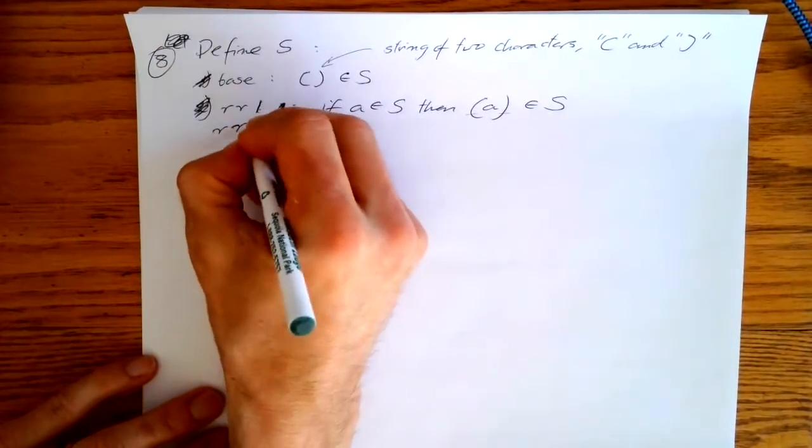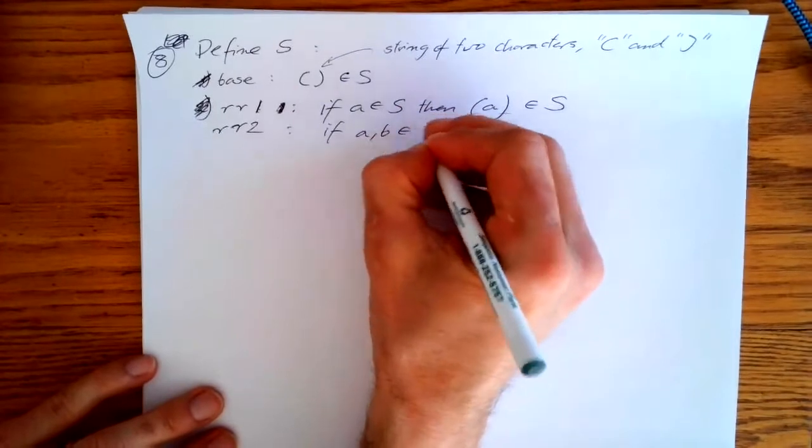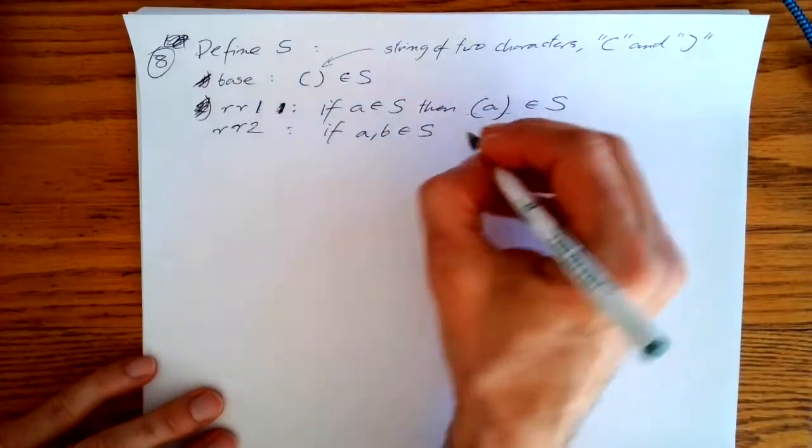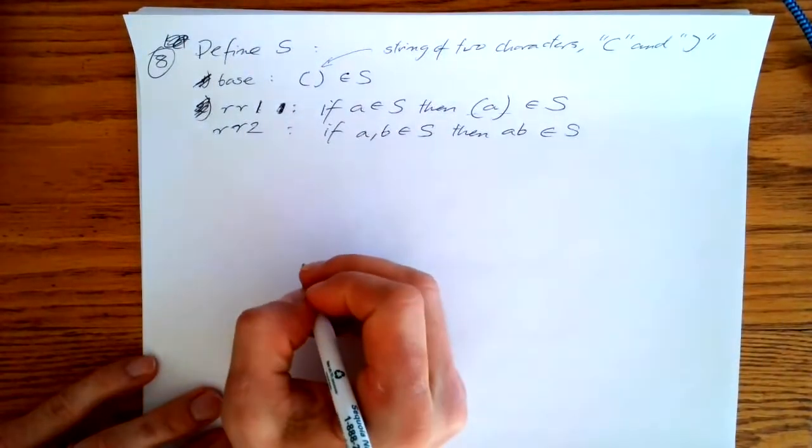And a second recursive rule is that if I have 2 strings in the set, then if I concatenate them, they're still in the set.